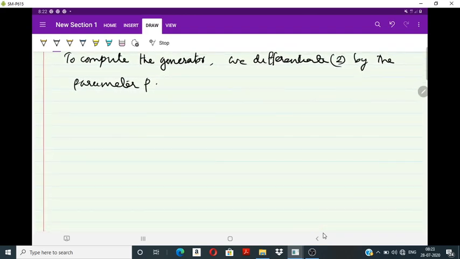Okay. So our equation was p into x minus x naught plus q into y minus y naught minus u naught equal to 0, equation number 2. Now differentiating with respect to p.